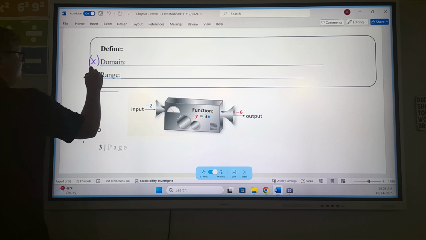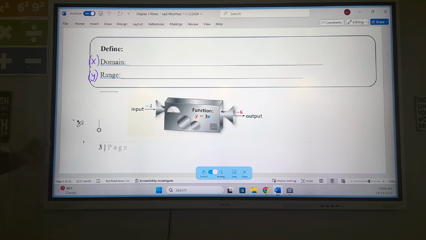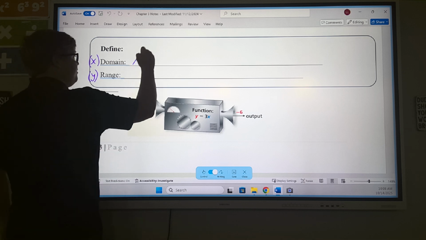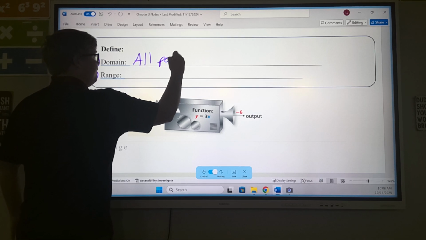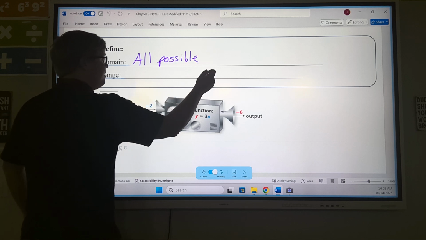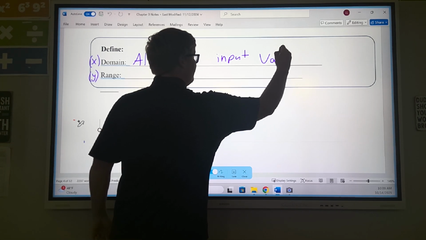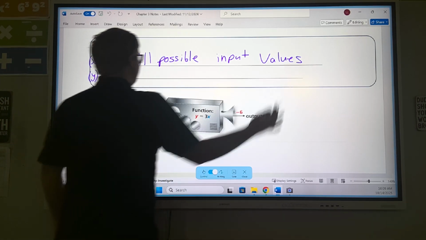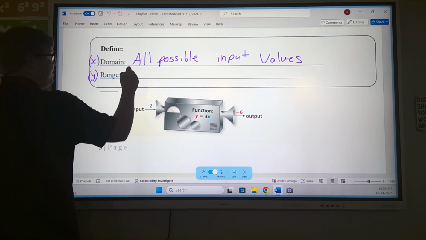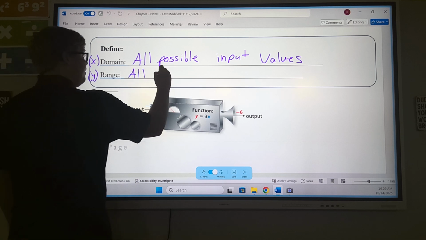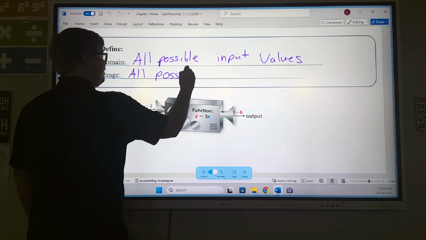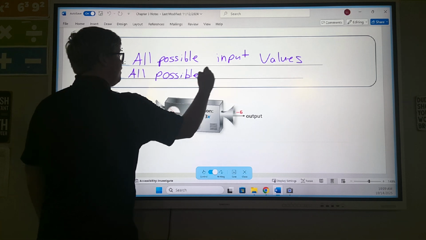The range typically is y, but sometimes other letters will be used. The domain is all possible input values. Okay, therefore the range is all possible output values.